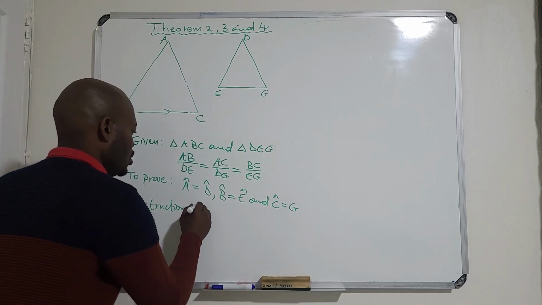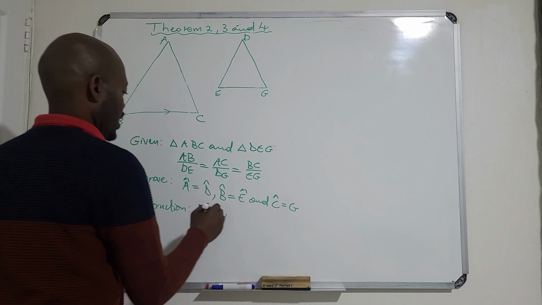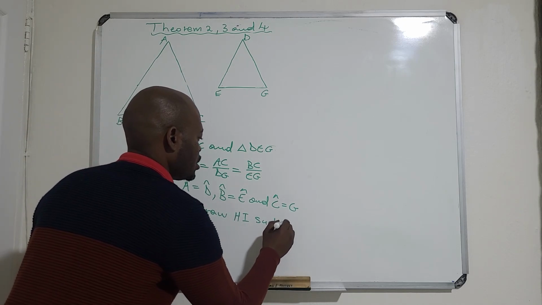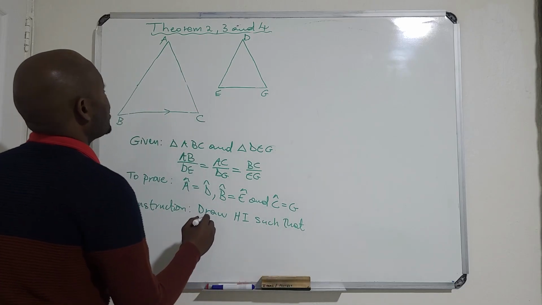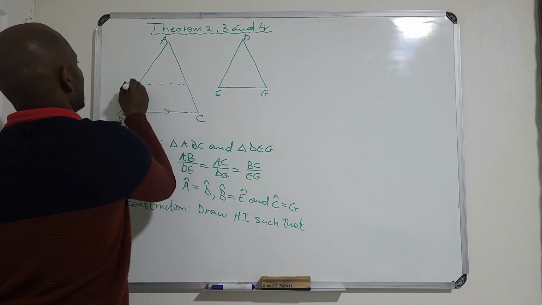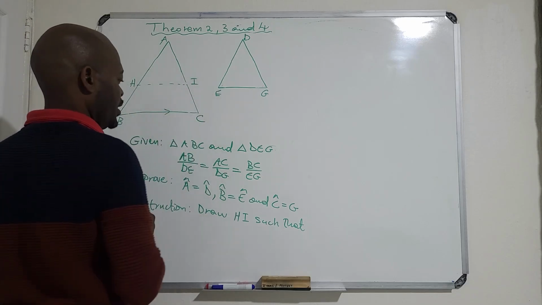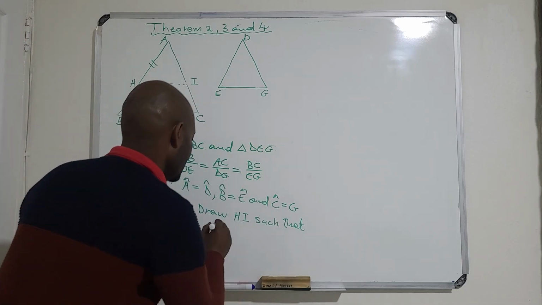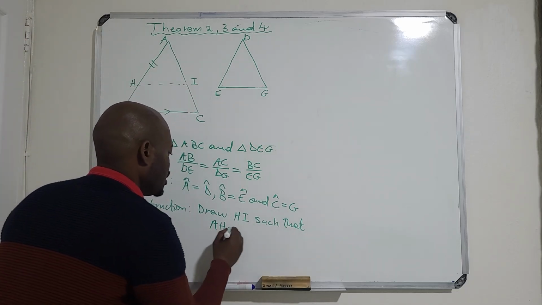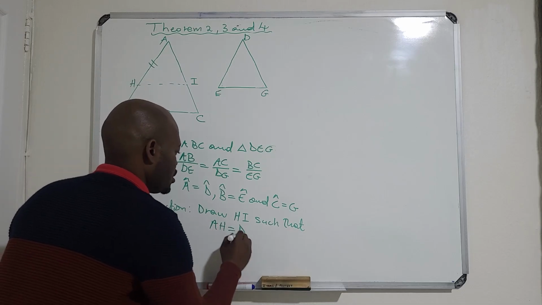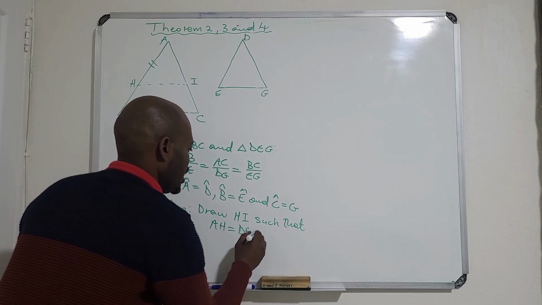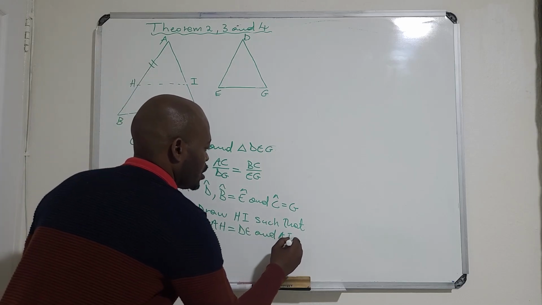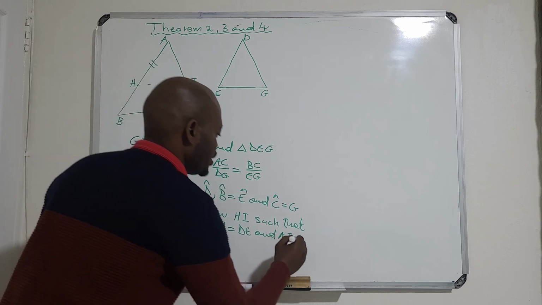We draw HI such that AH is equal to DE and AI is equal to DG.